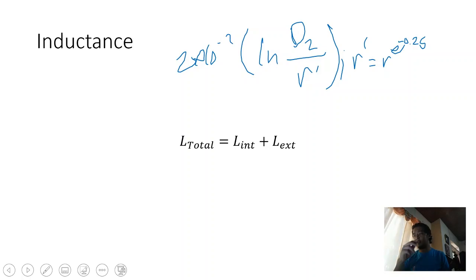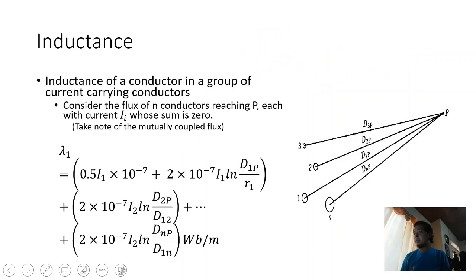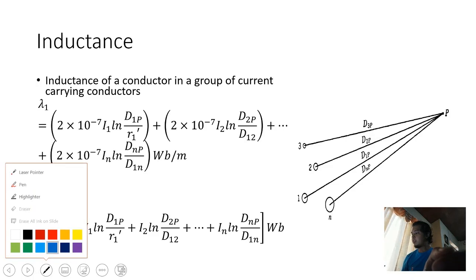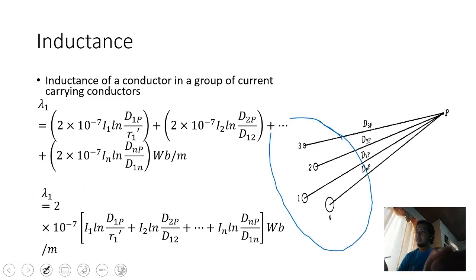From our previous lecture, we also discussed the effect of multiple conductors on our inductance. What is the effect of conductor 2, conductor 3, conductor N on the inductance of conductor 1?